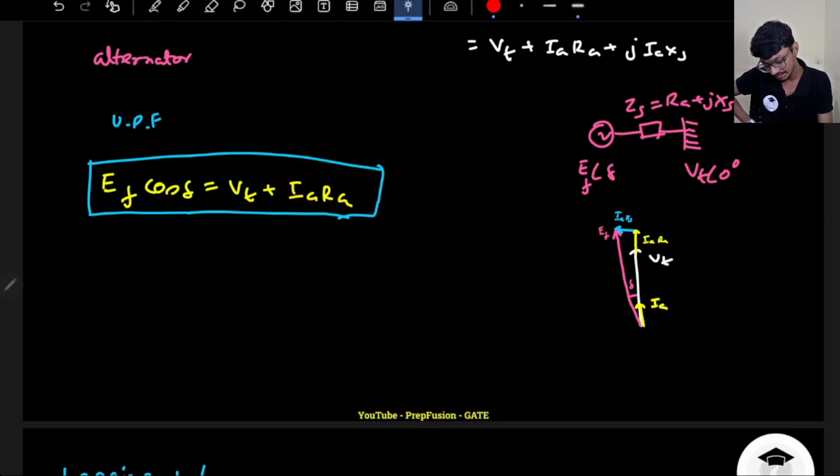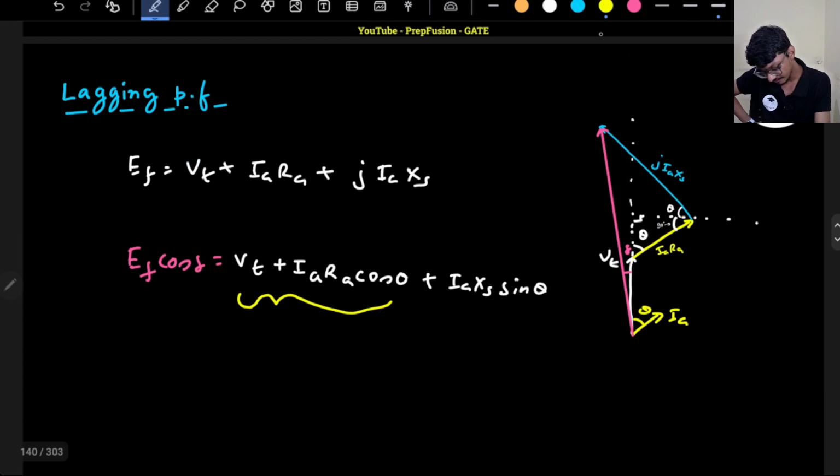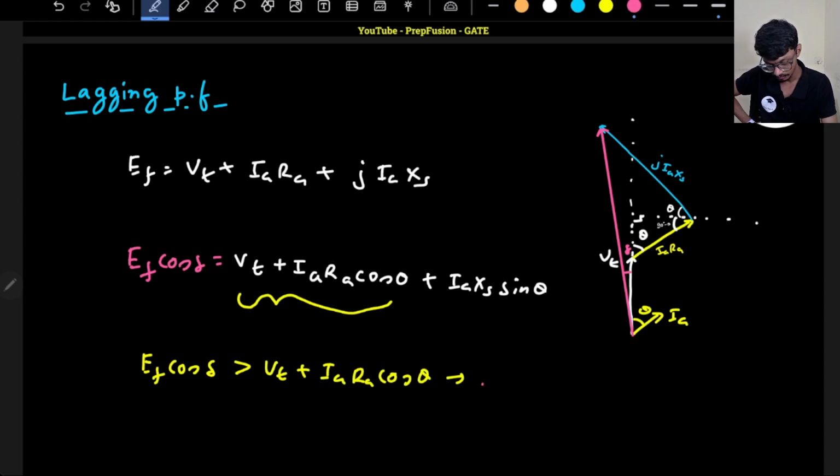So basically what they're telling you is, if Ef cos delta is greater than Vt plus IaRa cos theta, that means it is a lagging load. For certain, you can comment that it will be a lagging load.